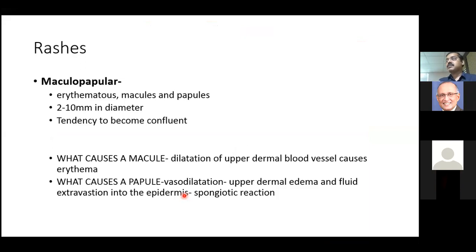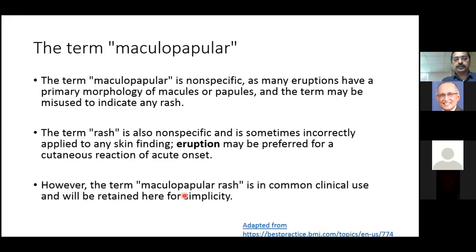Whereas an erythematous papule is because of vasodilatation, with upper dermal edema and fluid extravasation into the epidermis causing something called spongiosis. Once the epidermis is engorged with the edema fluid, there is intercellular separation, and the cells of the epidermis get engorged with this fluid, and that is what gives rise to a papular eruption.